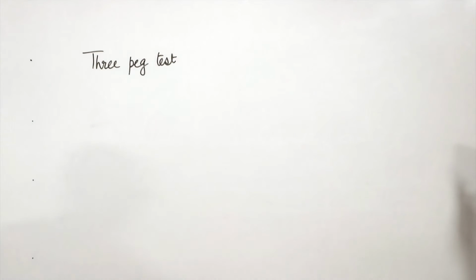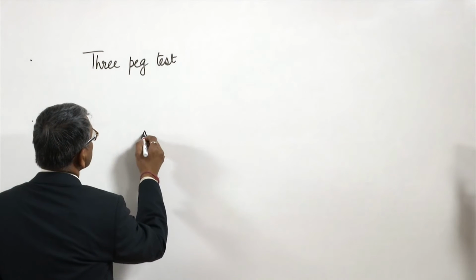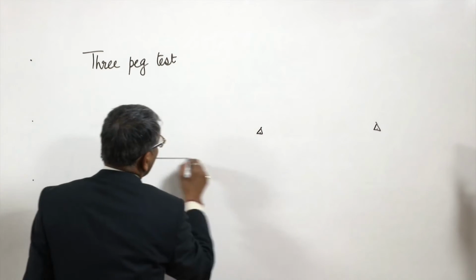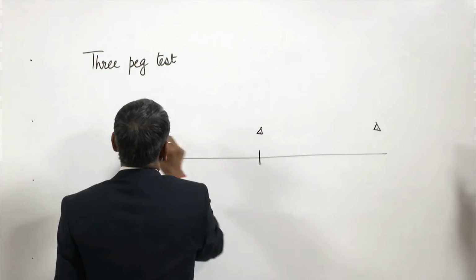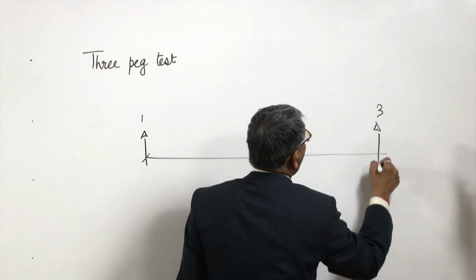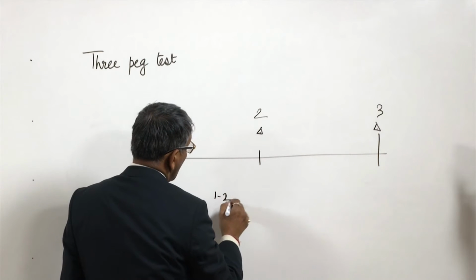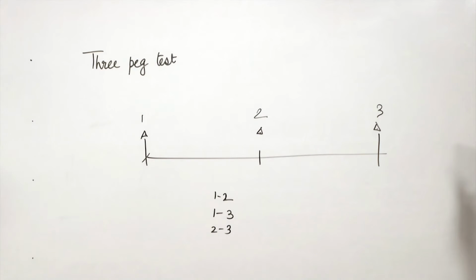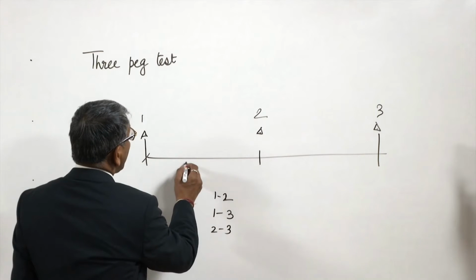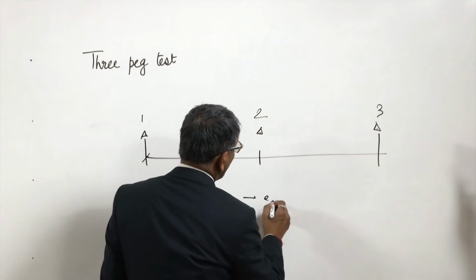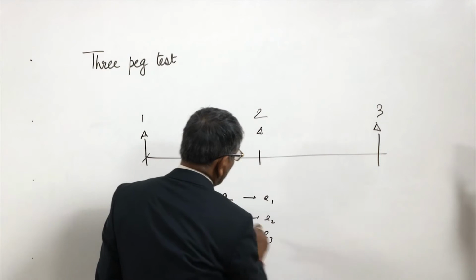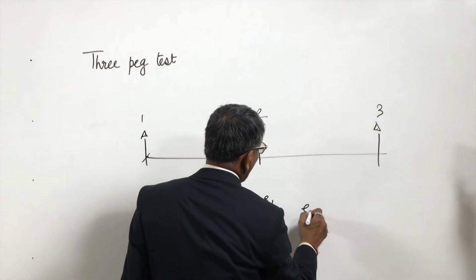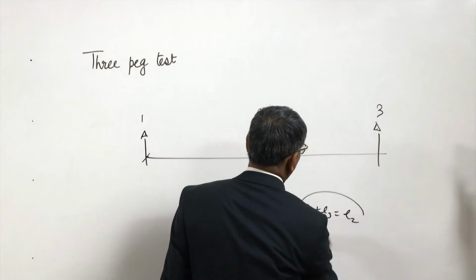In the 3-peg test we make use of 3 pegs, peg 1, peg 2, peg 3, and we measure the distances 1-2, 1-3 and 2-3. From these we can find out the errors E1, E2, E3, and the errors in 1-2 and 2-3, that means E1 and E3, should be equal to E2.